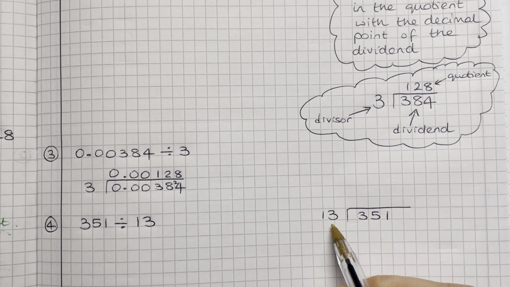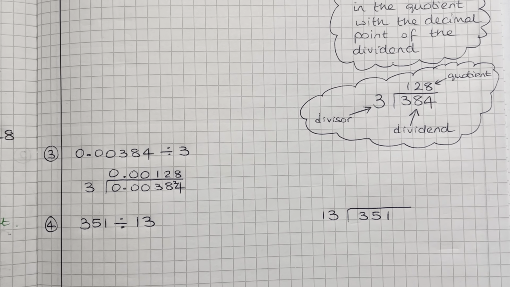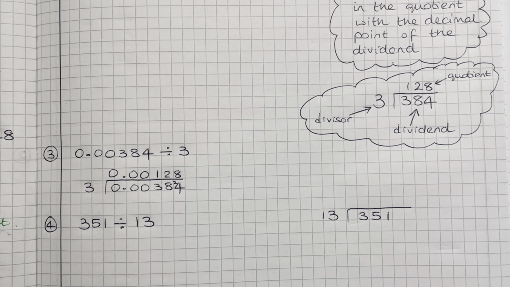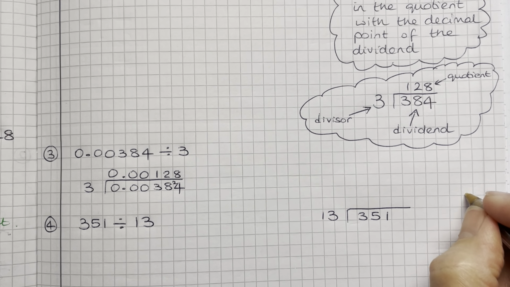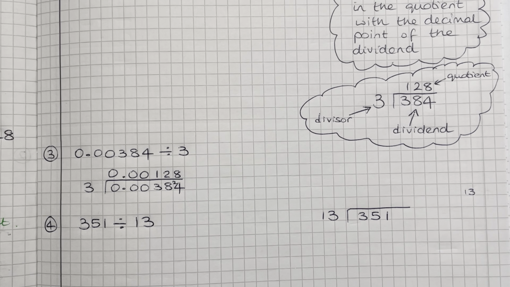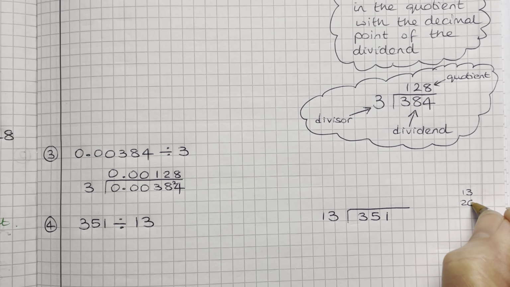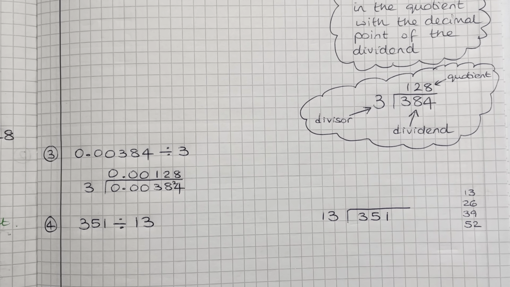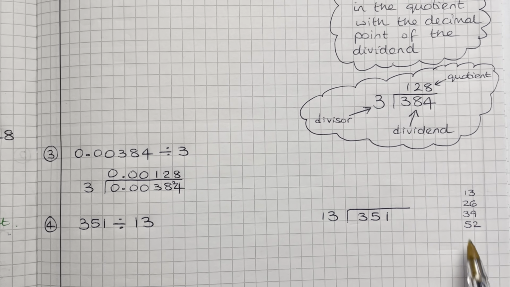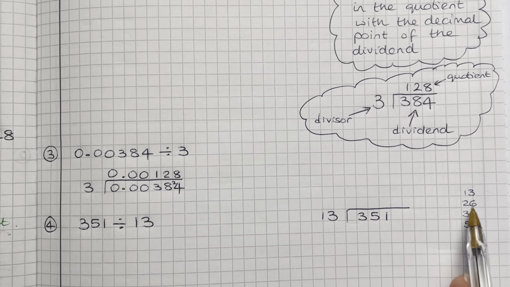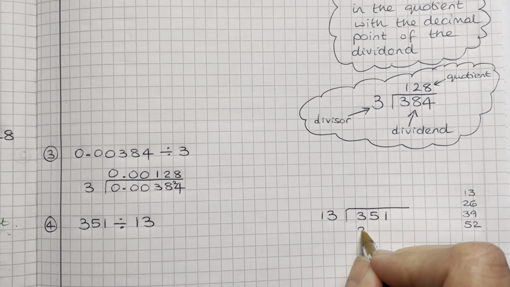I'm going to see how many times 13 goes into 35. I might start writing them out to help me because I don't know my 13 times table off the top of my head. So just here on the right hand side, I'm going to start listing out some of the 13 times table. I can now see that 13 goes into 35 twice, that's 26.